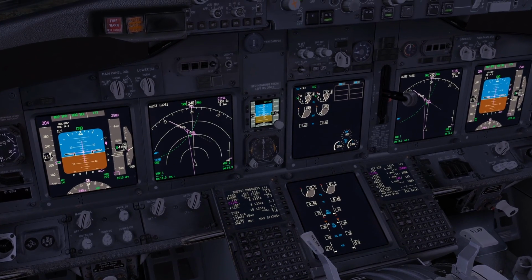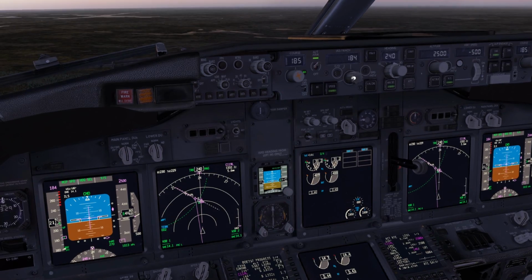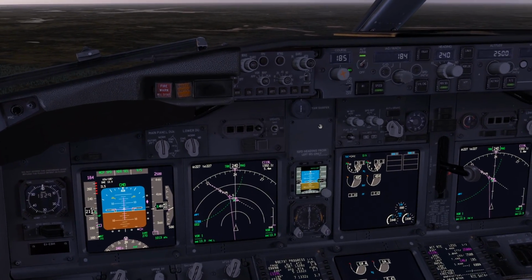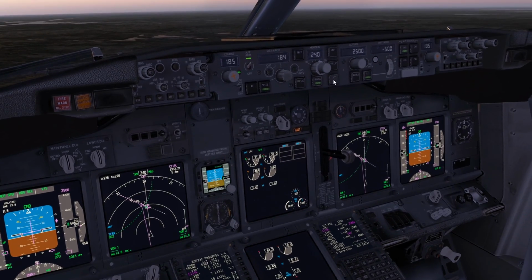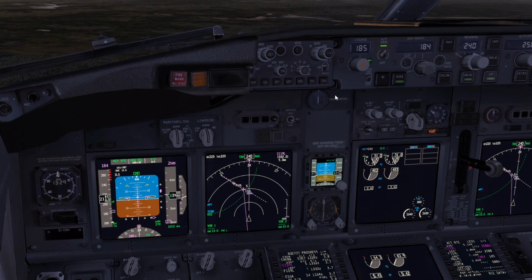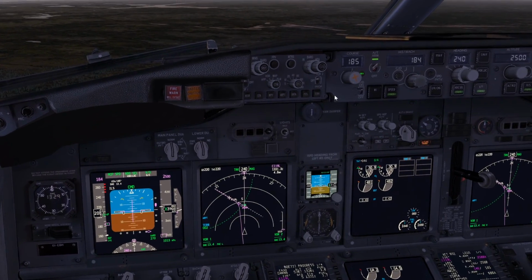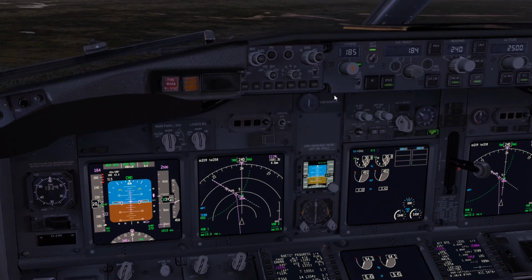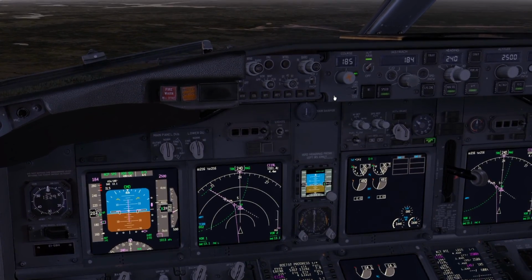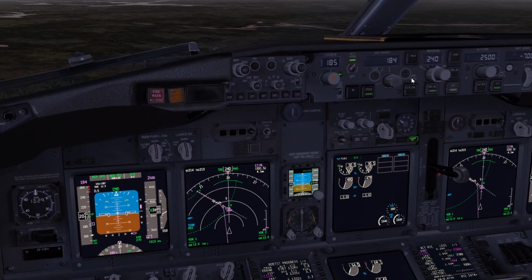And we can call for flaps 1. And we're matching the bug. We clear the ILS, so we arm approach. Can increase a little bit to minus 700.